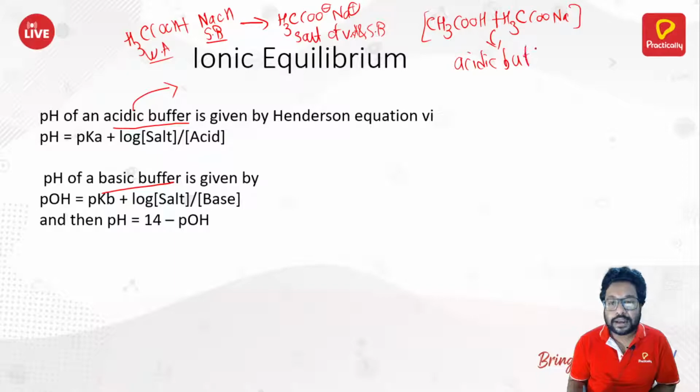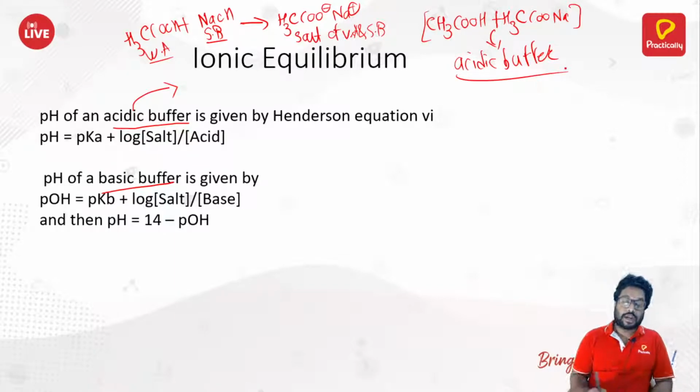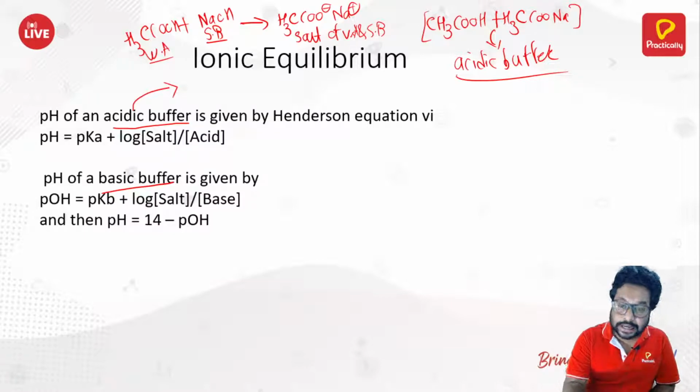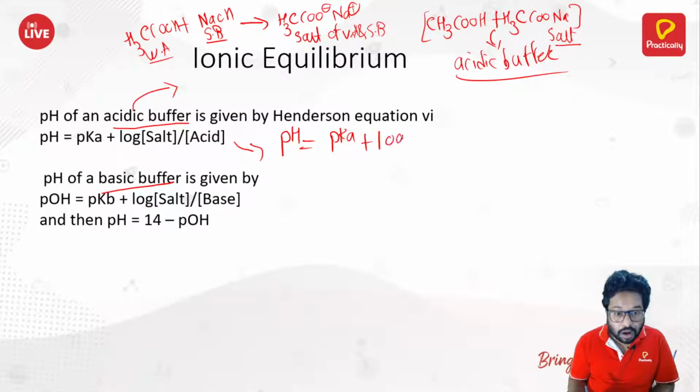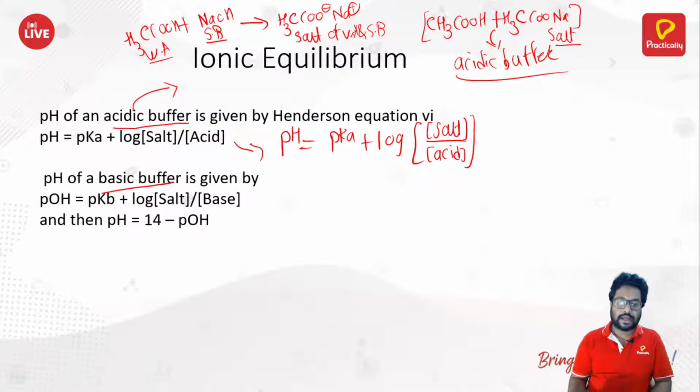So an acidic buffer is equimolar, that means the concentration of acetic acid and the concentration of sodium acetate, which is this salt, are exactly the same. What is its formula? The pH is equal to pKa plus log of the concentration of salt divided by the concentration of acid. That's the pH formula for an acidic buffer.